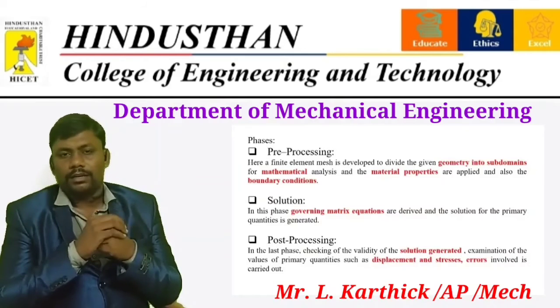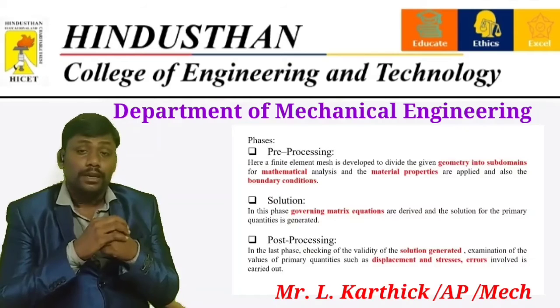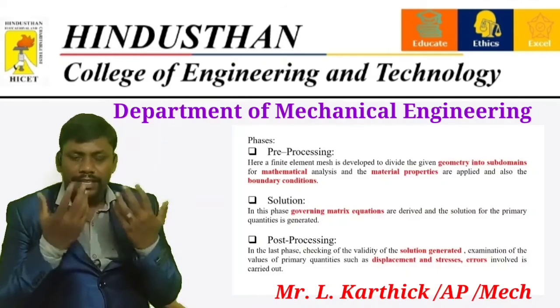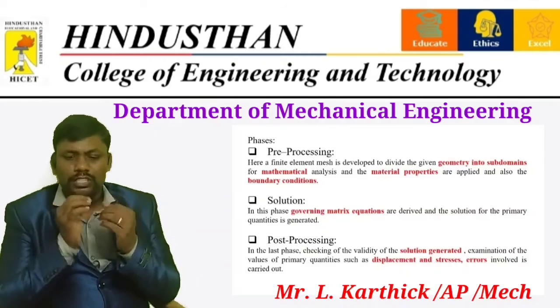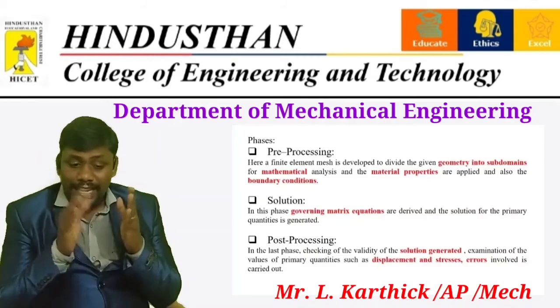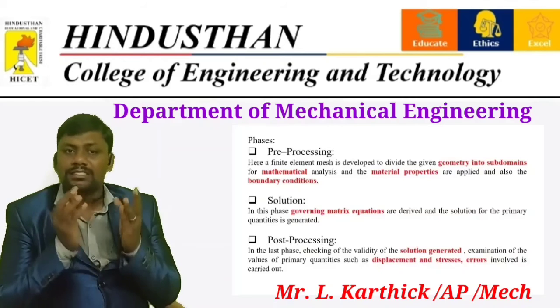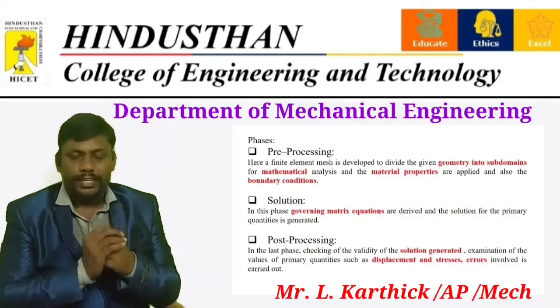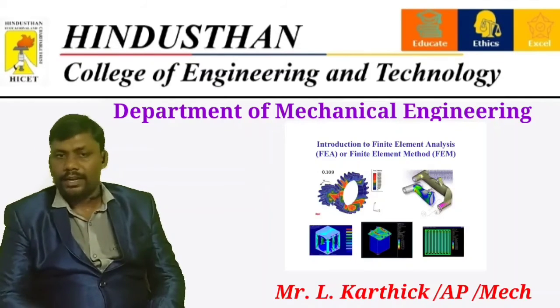And the final phase is post-processing, where we examine the validity of the solution generated and the values of primary quantities such as displacement, stress, as well as strain. So these are the steps and phases of finite element analysis.